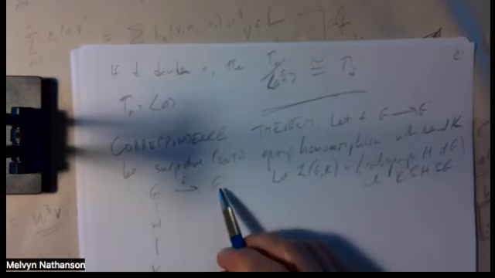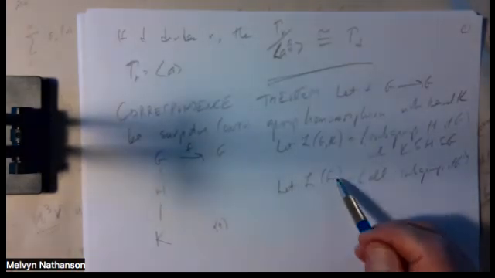Here I have G prime and my homomorphism F from G to G prime. Of course, sitting in G prime, there's always the subgroup consisting of only the identity. And let L of G prime just be all subgroups of G prime.